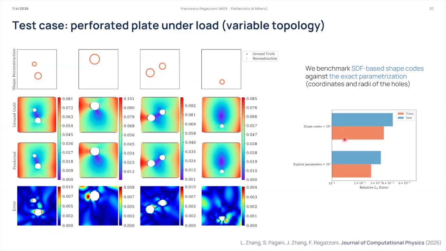And we can also benchmark the results with the solutions that we can have by providing the extra parameterization, because here we have an extra parameterization given by the position and the radius of the holes. And you can see that we can get an accuracy that is almost equivalent to the one with an extra parameterization. So this validates the goodness of the encoding function that we can leverage with this method.